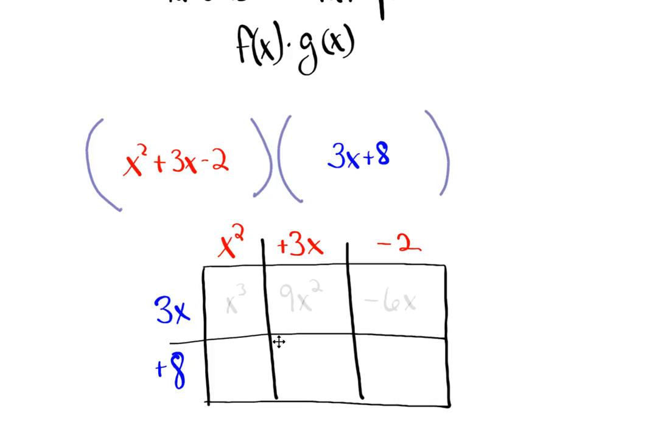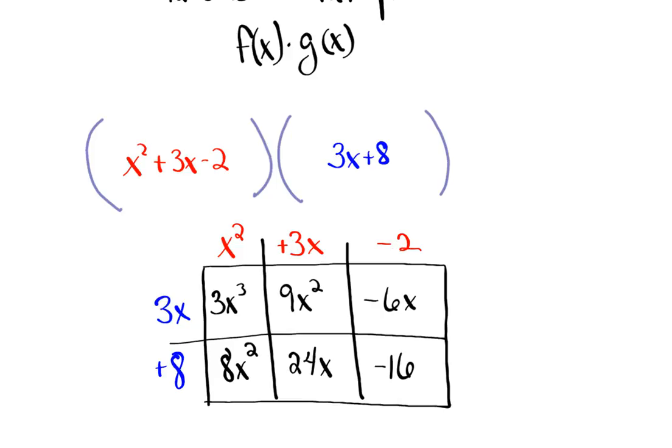3x times x squared is 3x cubed. 3x times 3x is 9x squared. And 3x times negative 2 is negative 6x. Guys, make sure you notice right here that though I said 3x squared, I really meant 3x cubed. Okay, 8 times x squared is 8x squared. 8 times 3x is 24x, and 8 times negative 2 is negative 16.